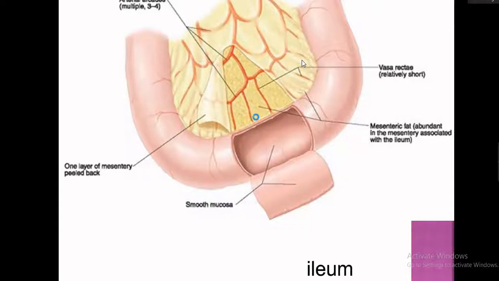So in future, you need to be careful. And if you're assisting somebody, remind them to be careful not to cut the mesentery so deep. They'll end up cutting off supply to the rest of the other structures. Okay.